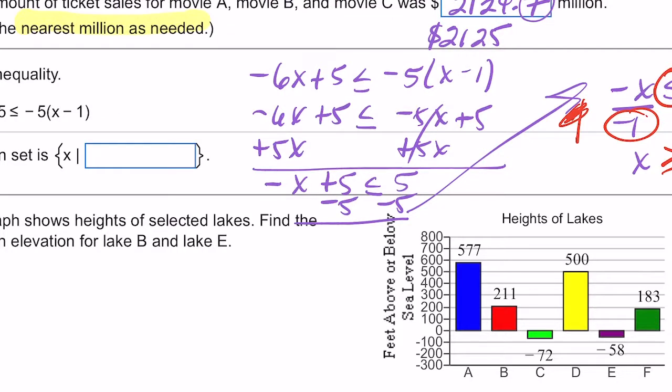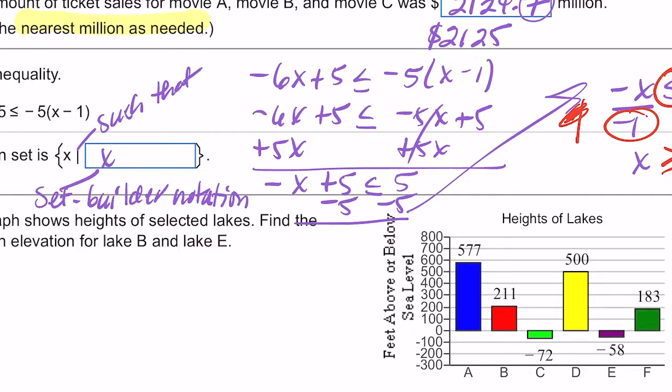Okay, by the way, this is called set builder notation. This vertical bar you just read as the word such that. So you would say x such that, and then the answer would be x is greater than or equal to 0.